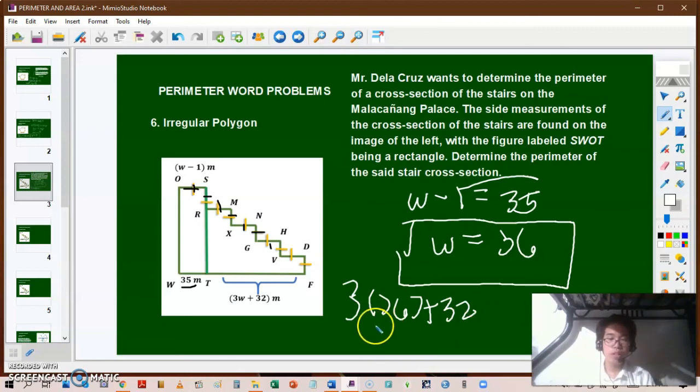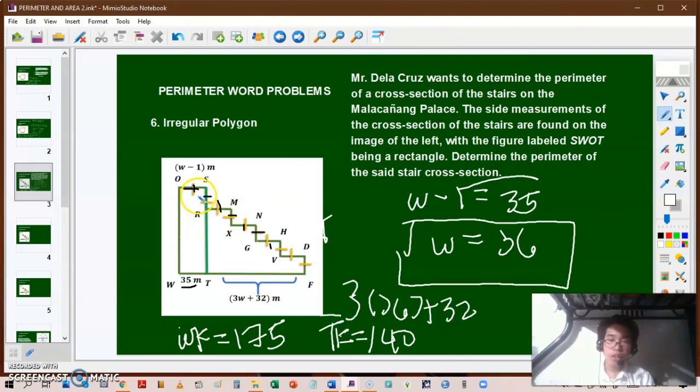So the measurement of side TF is 140, and the measurement of WT is 35. Therefore, the measurement of side WF is 175, because we just added 140 and 35.